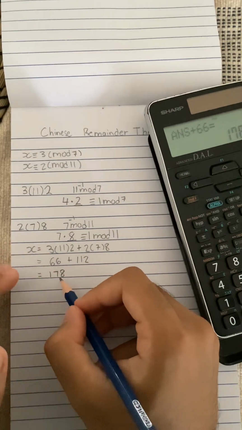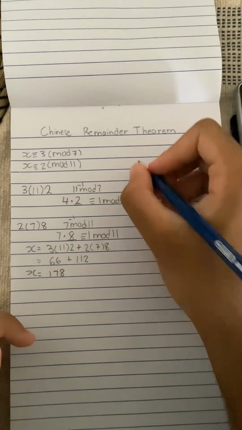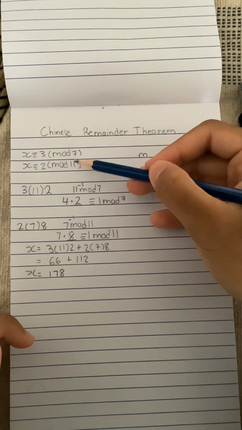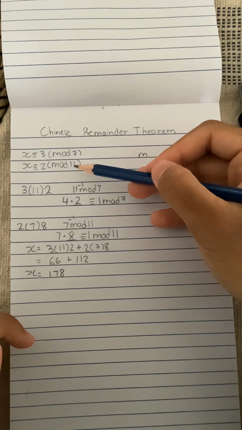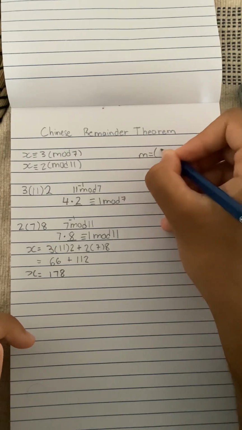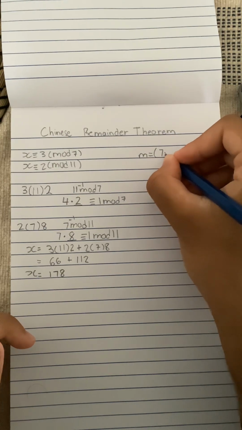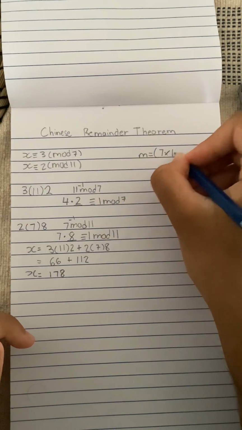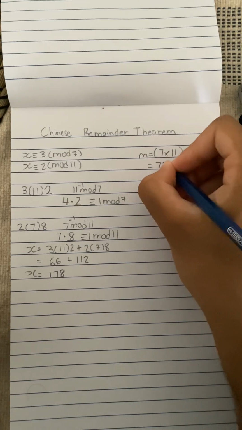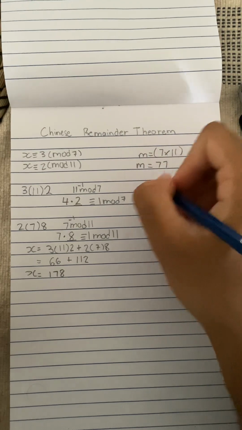Now once you've got the x value, you don't want to stop yet. You actually want to find the m value, which is essentially all the moduli of each congruence row multiplied together. So m is equal to 7, from the first row, times 11, and we know that 7 times 11 is 77. So the m value is 77, which is the modulus.